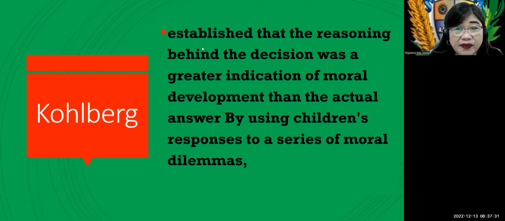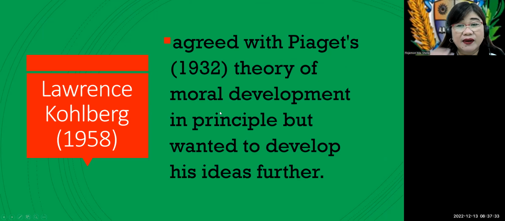Next, this theory agreed with Piaget's theory of moral development in principle, but wanted to develop his ideas further. So, Kohlberg uses Piaget's storytelling technique to tell people stories involving moral dilemmas.